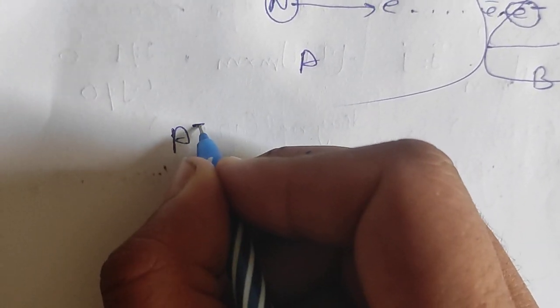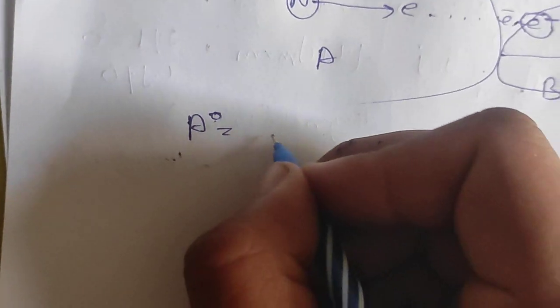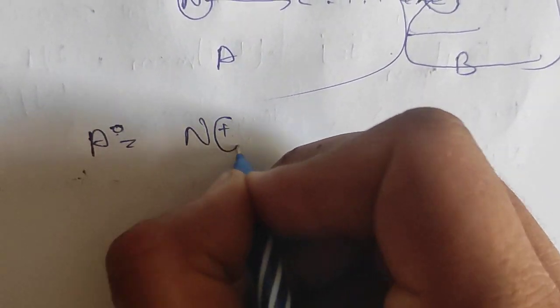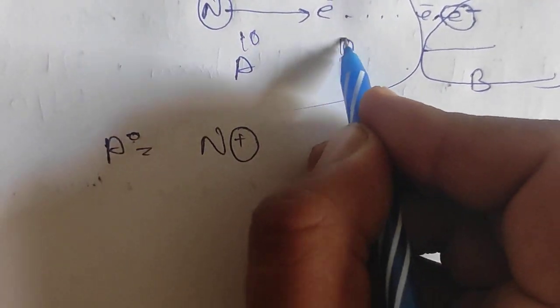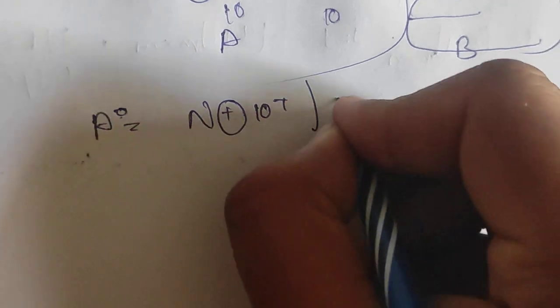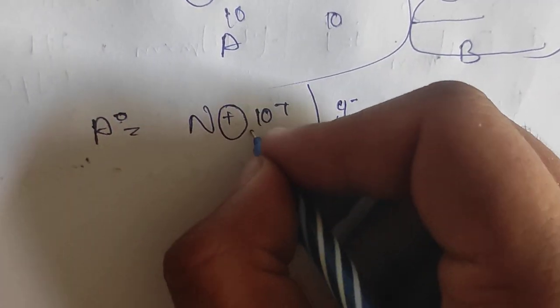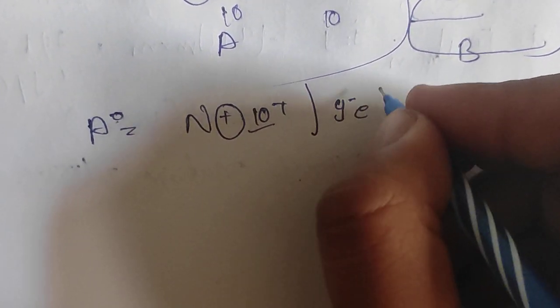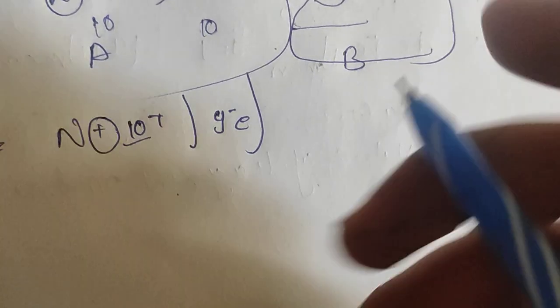So now part A and part B. Part A has lost electrons, so the nucleus is now positive. For example, say it has 10 protons, but after rubbing the electrons are lost, so it has 10 positive protons and 9 electrons outside.